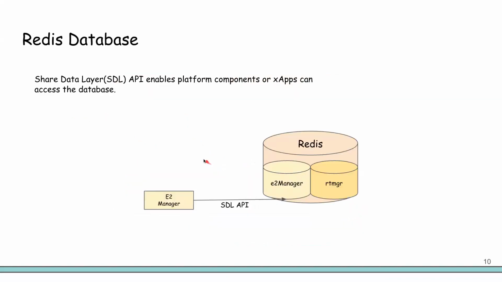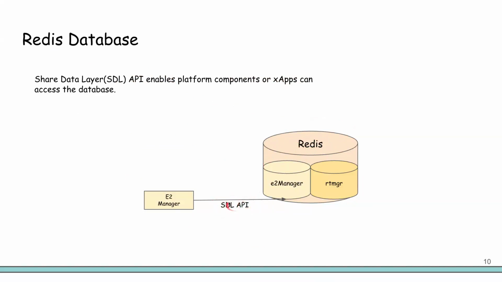Okay, so next is the Redis database. The Redis database is just to store the data. We have already defined an API, the shared data layer API.